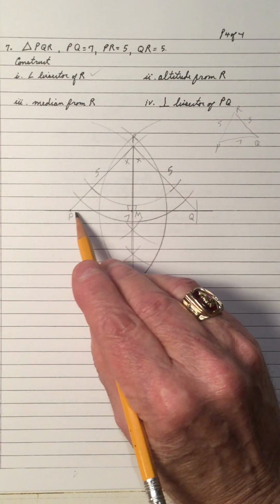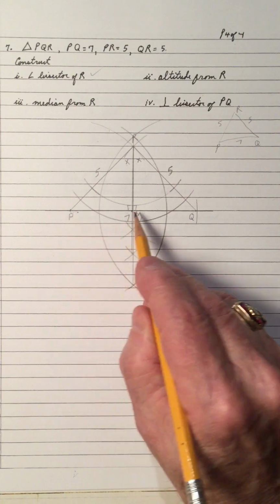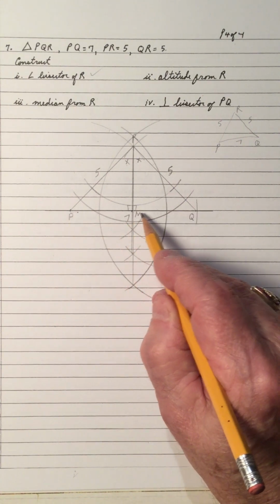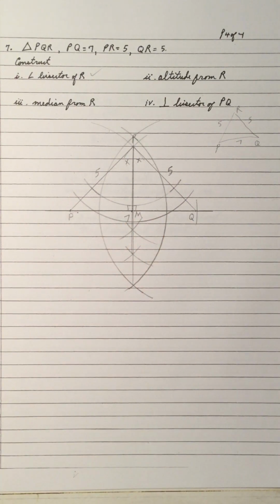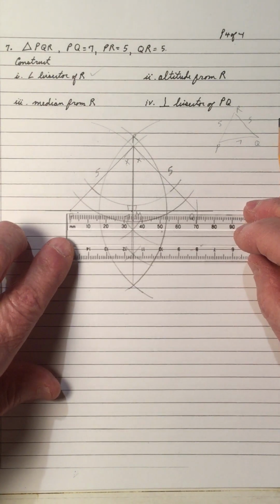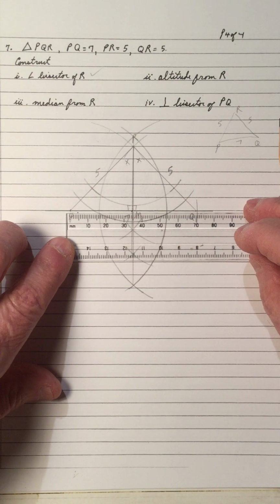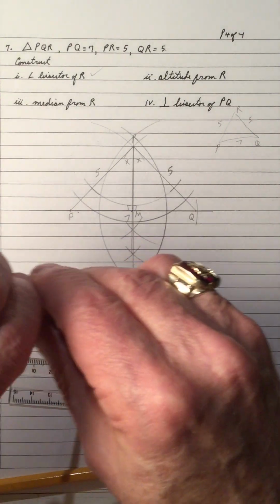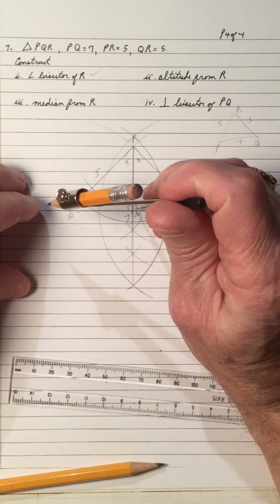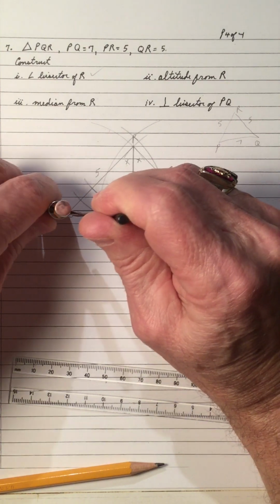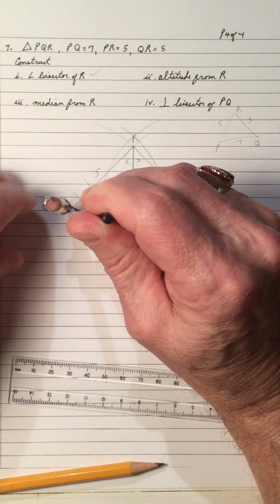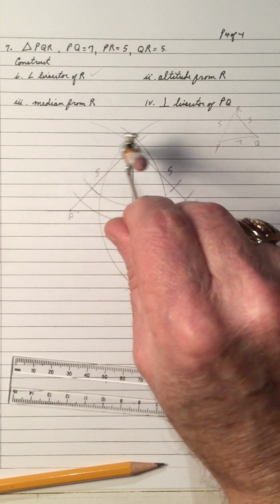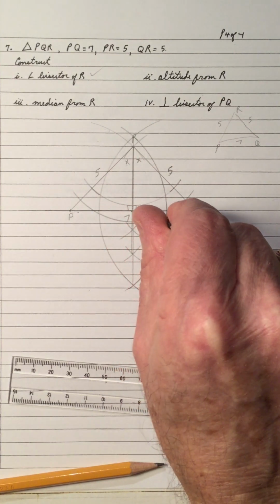Why? Because PM is equal to QM. Let's just measure it to see. Another way I can measure it is to take the compass and put it at M and go to P. If it goes through P, it should go through Q. There it is.